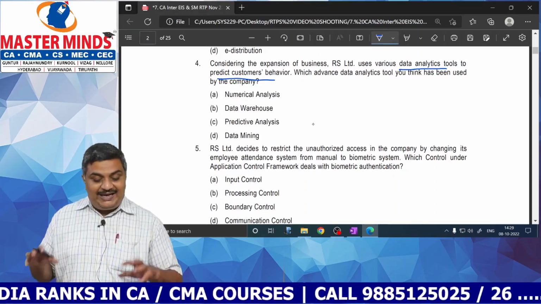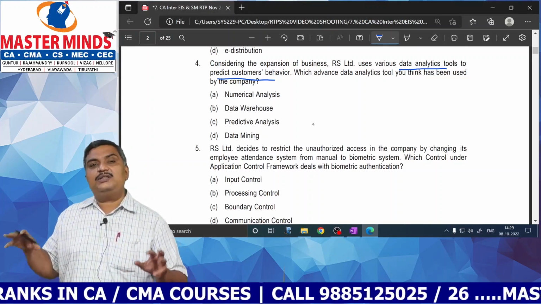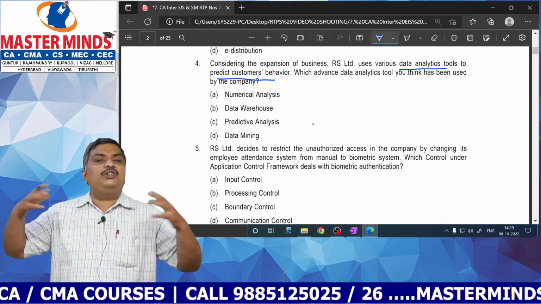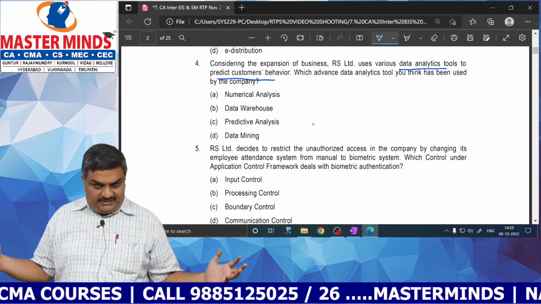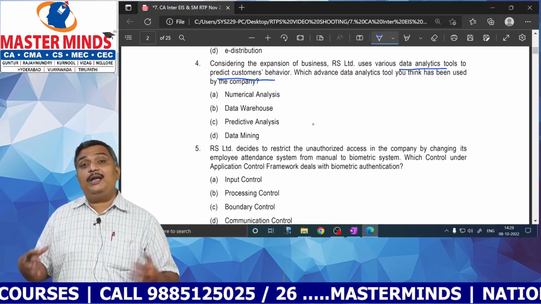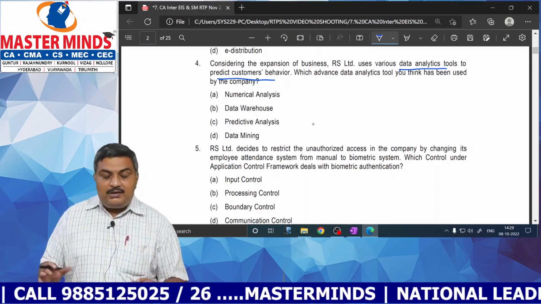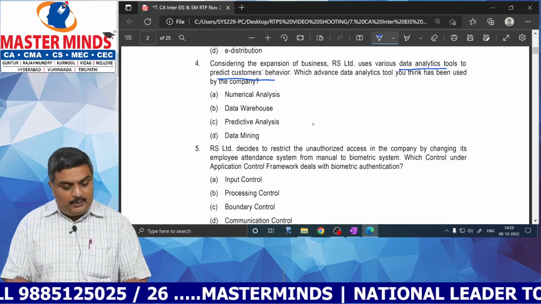And we have a data warehouse. Actually, data warehouse is nowhere related here. Data warehouse is a collection of large data. It's a very big database. So here we are talking about analysis. We are not talking about storing the data. So data warehouse is not at all relevant here.